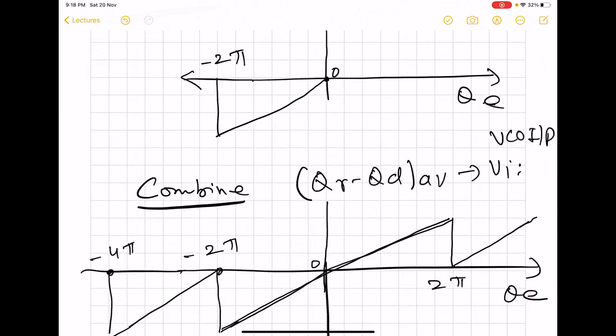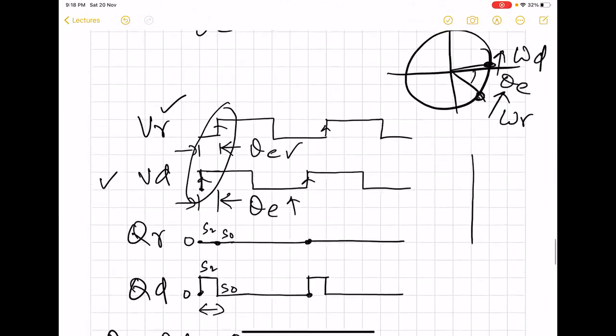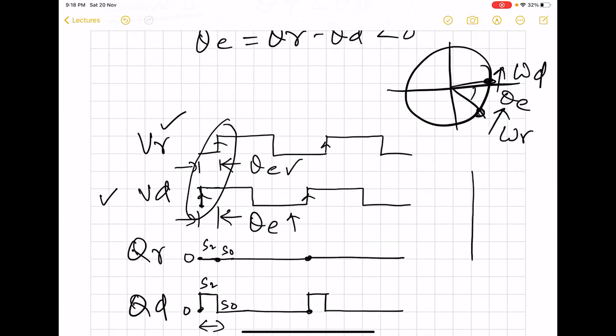This is going to be the input to the VCO. So now we see that if we have this scenario where omega r is lagging, what will be the response of the VCO? We know that the VCO is characterized by this plot.